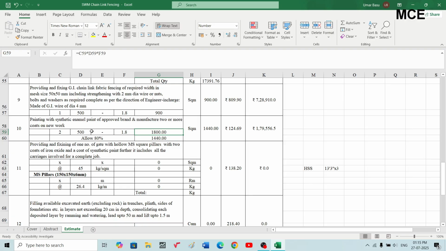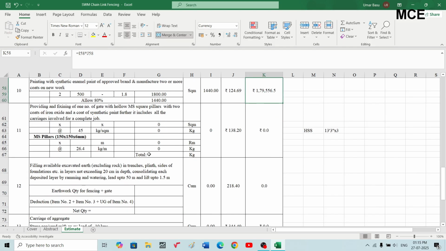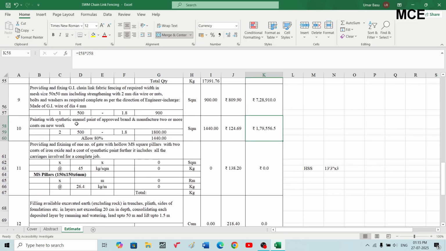Since it is hollow, you will allow only 80%, so total will be 0.8 into 1800, which is equal to 1440 square meters. Rate for this item is 124.69 in my SOR. So total amount will be 1,79,556 Indian rupees. Okay, this is for the painting with synthetic enamel paint.